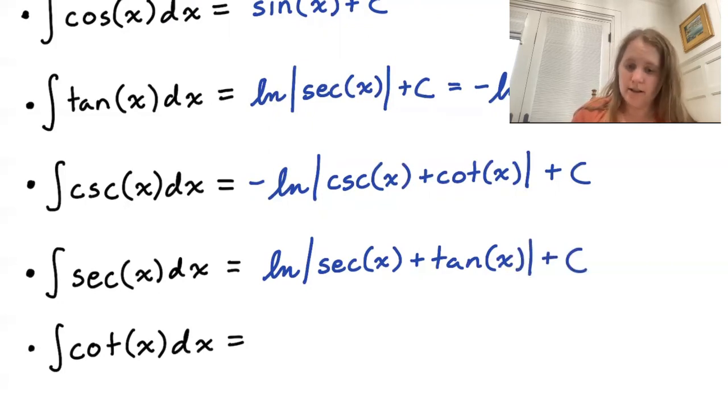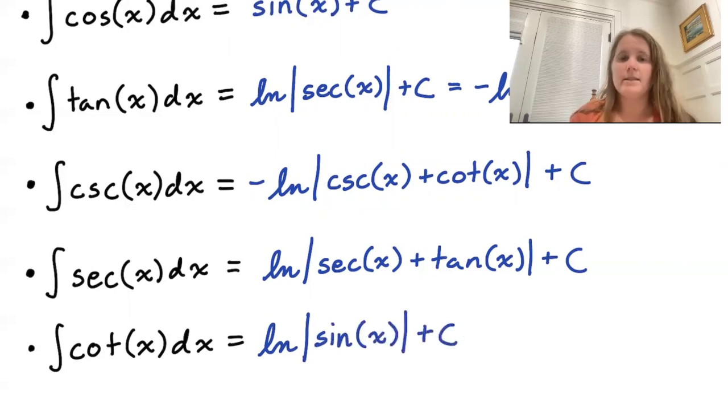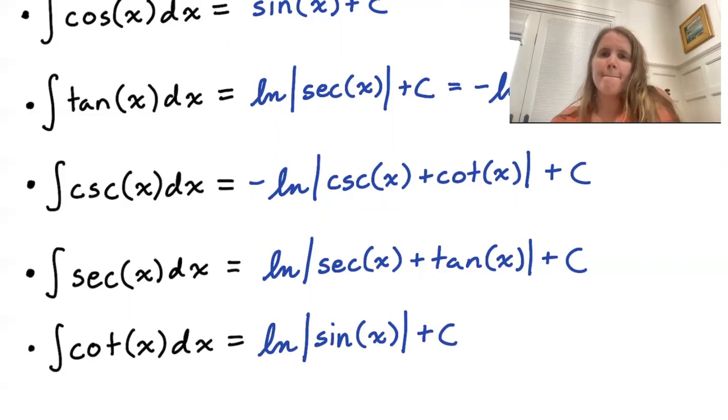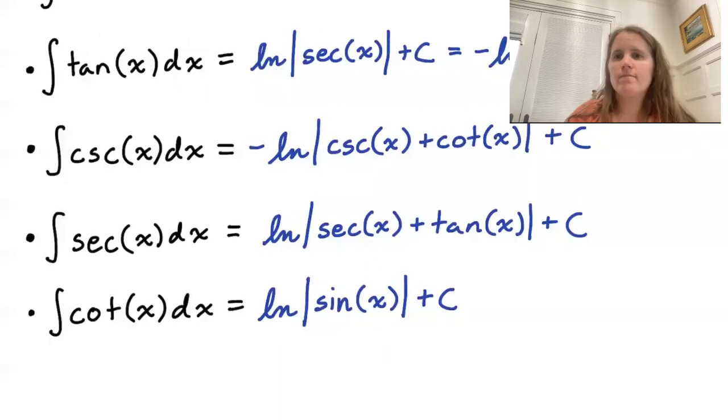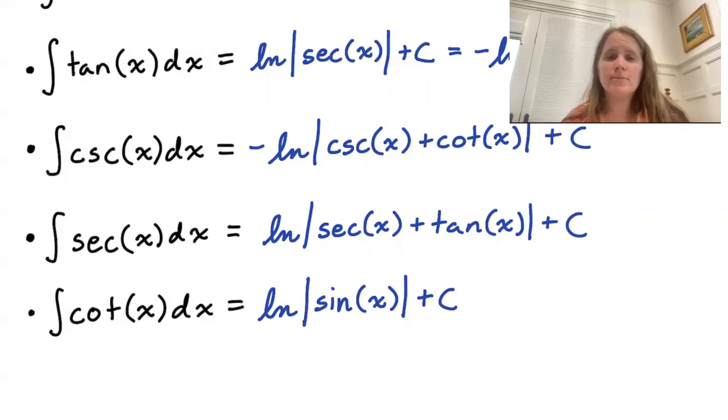And then the integral of cotangent dx winds up being the natural log of the absolute value of sine of x plus c. Those last 2 integrals you could work out using similar tricks: for secant, a similar trick to what we used for cosecant, and for cotangent, a similar trick to what we used for tangent.